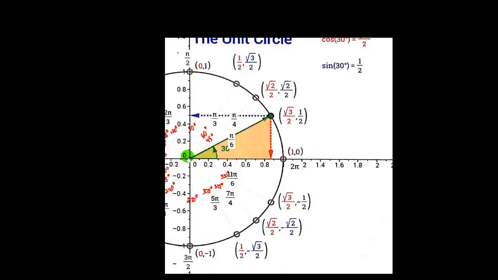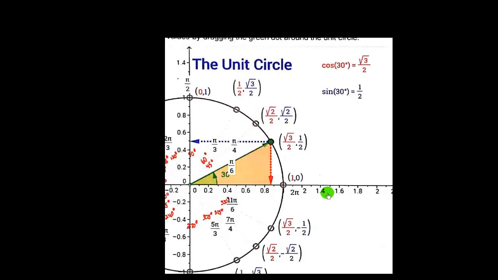If you start at the origin and you move to the left 1 unit, which is the radius of the circle, you're going to have the coordinate -1, 0. If you start at the origin and you move down 1 unit, then you're going to have the coordinates of 0, -1.